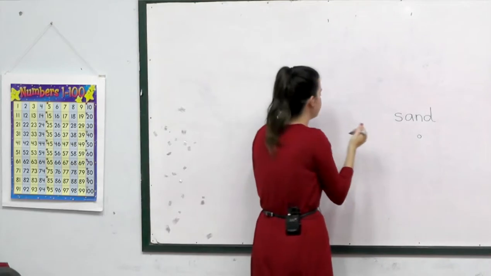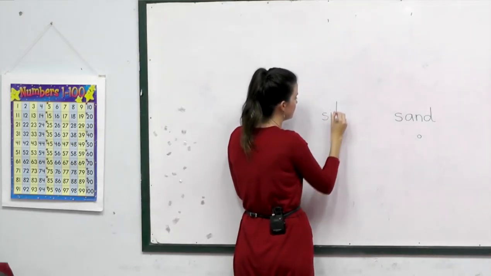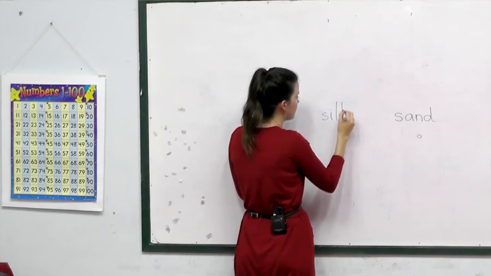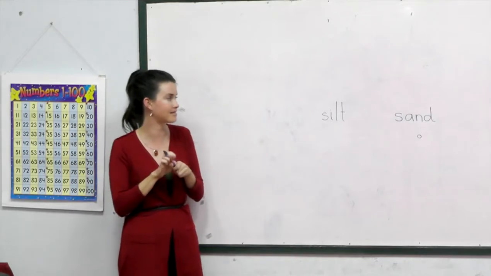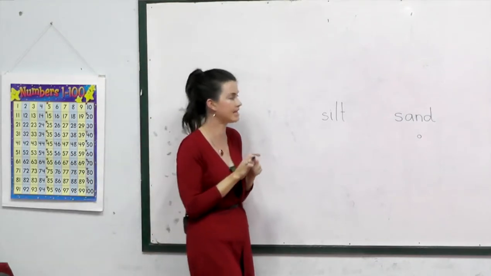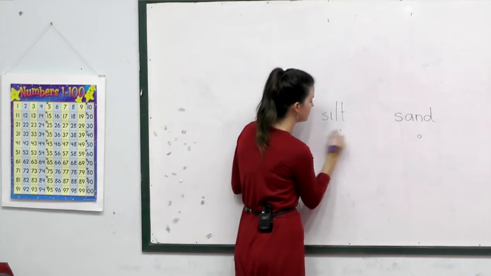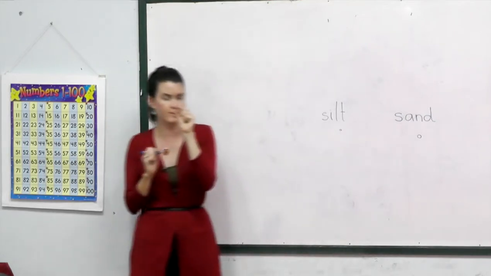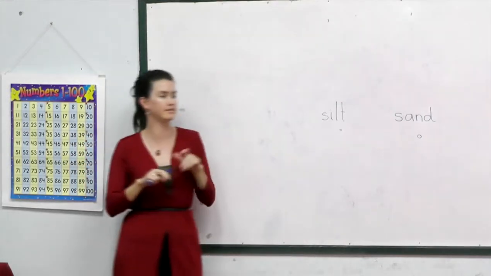Can you help me spell it? S-I-L-T. Good job. Like what we found outside. We found some silt. We found some sand. So silt is just a little bit smaller than sand. It's still very small, but the sand is a little bit bigger than our silt.